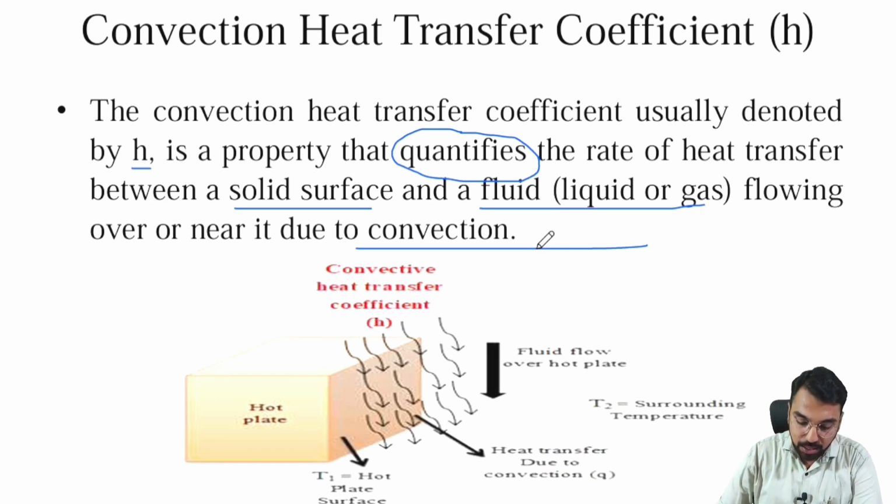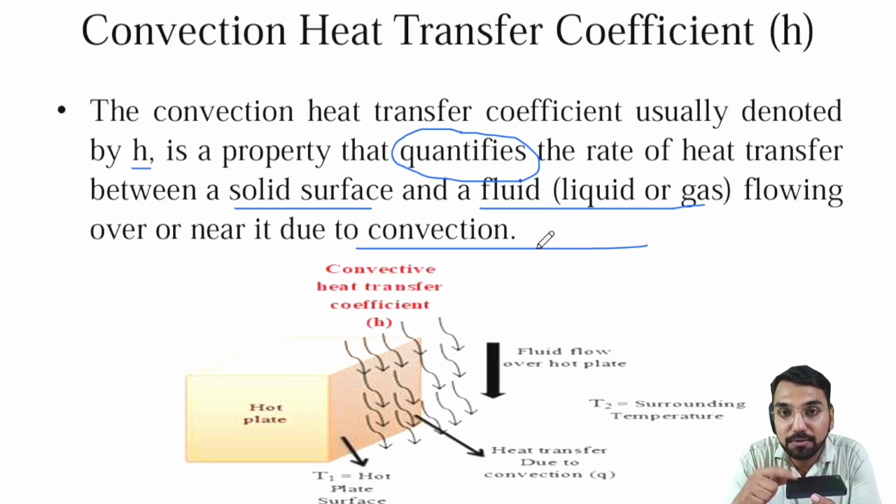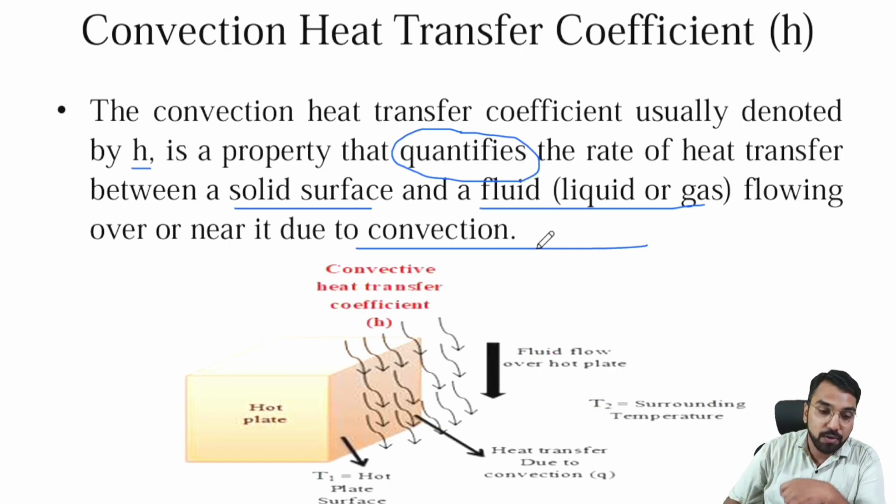Let's again take the example of a heated slab or heated metal piece. Whatever the temperature of this heated metal piece and whatever the flow of air over it, the heat transfer coefficient quantifies how much heat energy is transferred from this metal block to the surroundings.